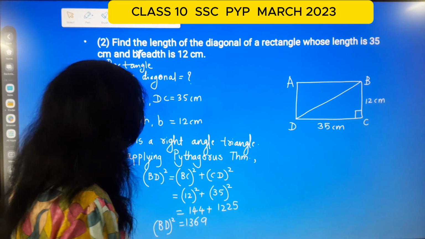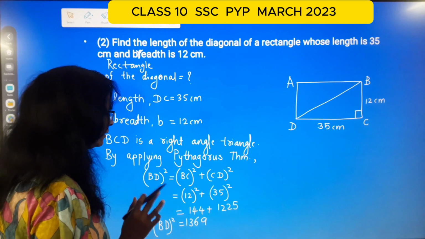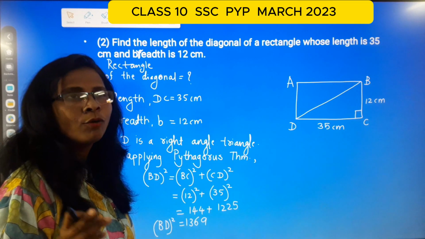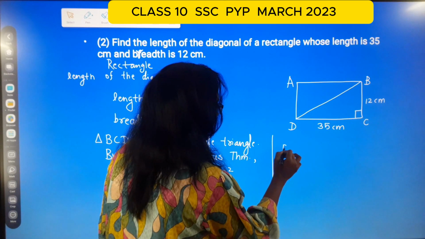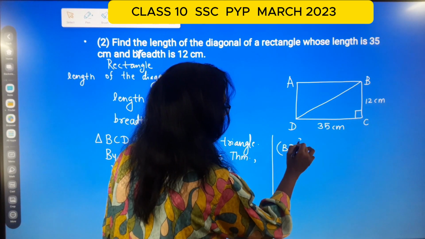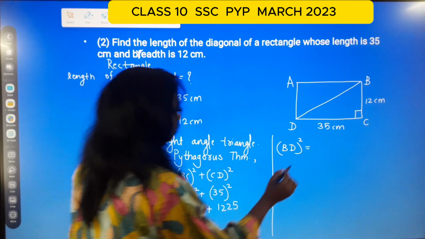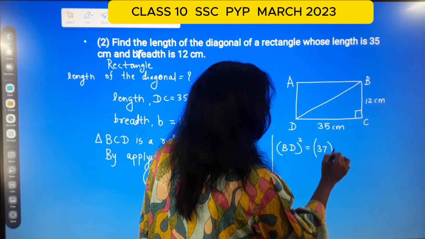That is the square of 37. So here I write square of BD is equal to square of 37.